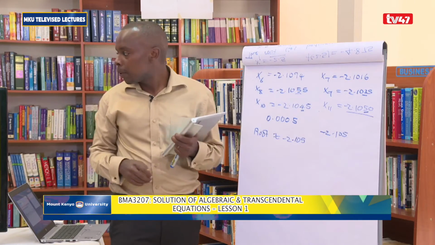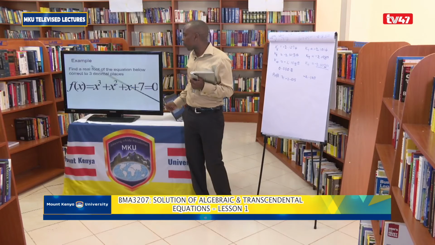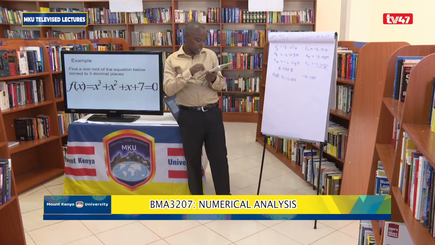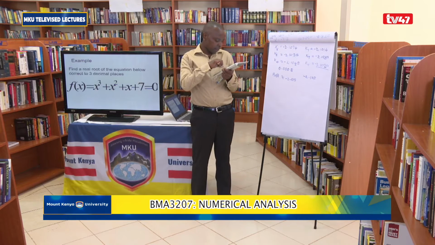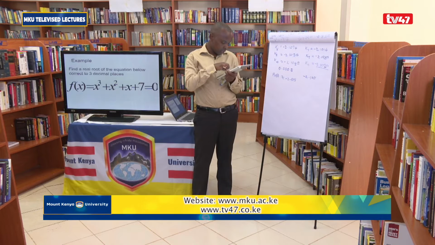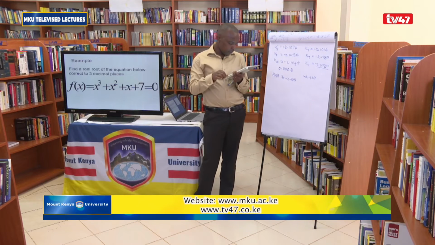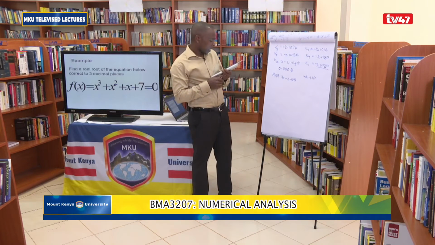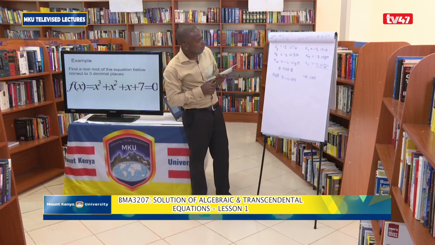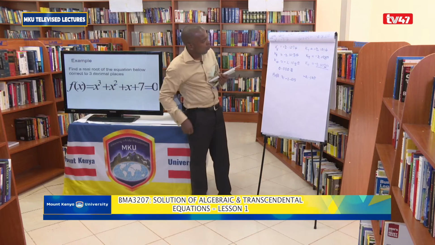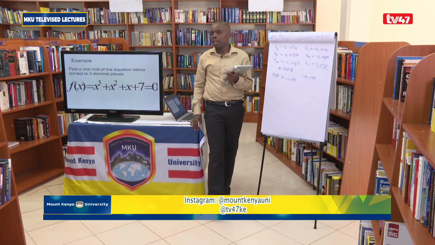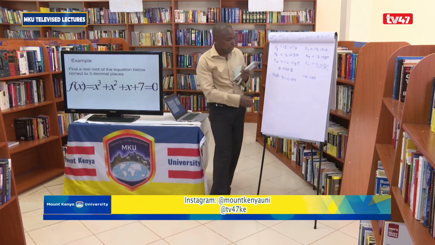So our example here is an algebraic equation, which is a cubic function. Maybe we can try and see how we can deal with a function that has exponential and trigonometric ratios.